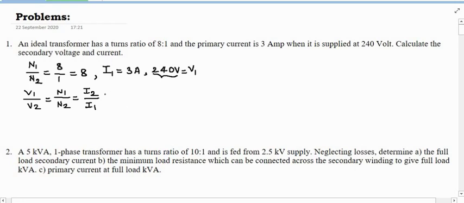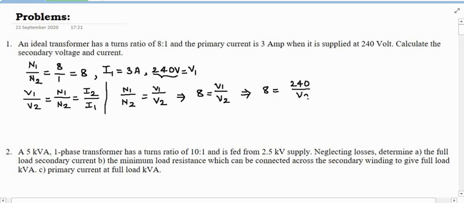So N1 upon N2 equals V1 upon V2, which implies I can write 8 equals V1 upon V2, which implies 8 is equal to 240 by V2, and therefore V2 equals 240 by 8, which equals 30 volts.